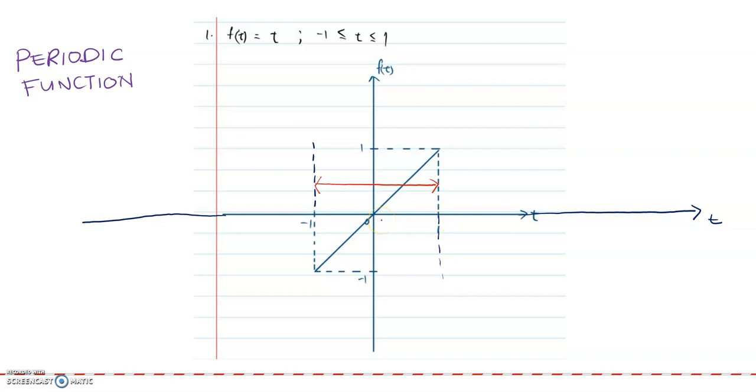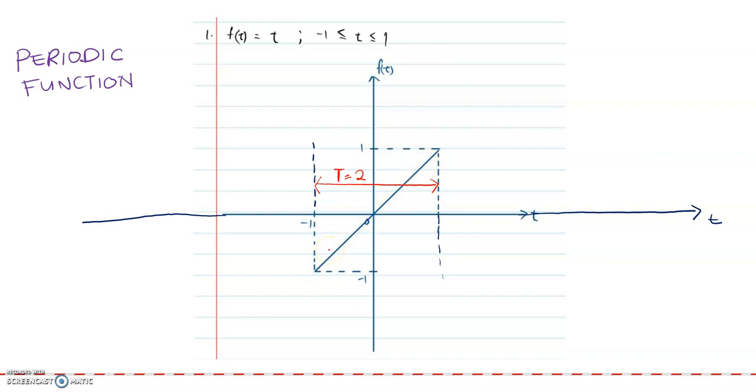So we can see that the fundamental period T equals 2, which means that between -1 and 1 is one complete cycle. So in the period of T equals 2, the function is going to have the same sketch.